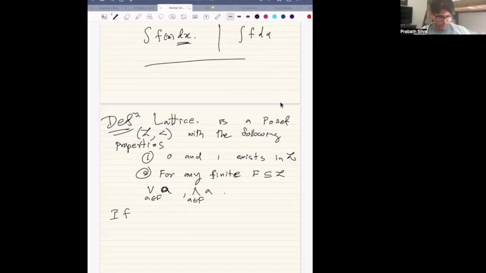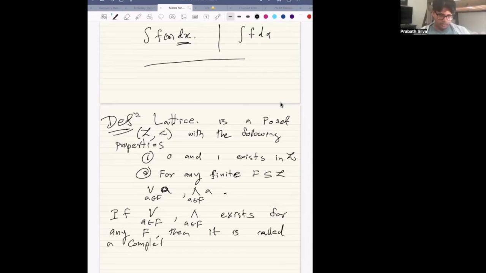If these meets and joins exist for any subset F, then it is called a complete lattice.